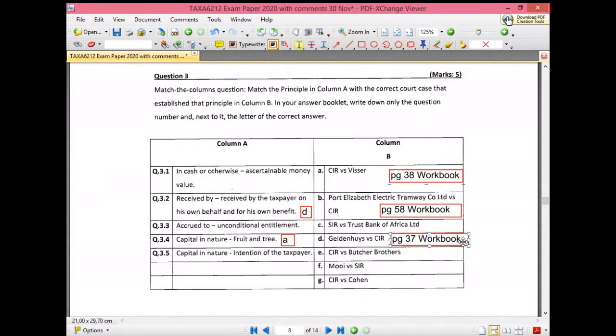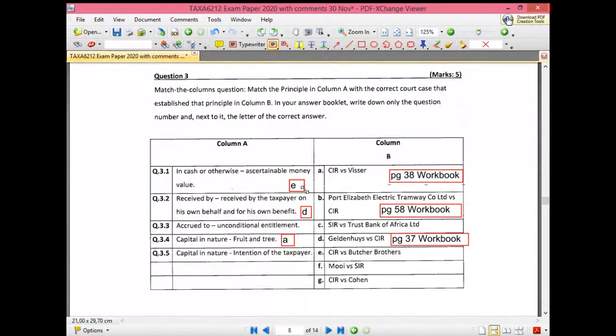Okay, then the Butcher Brothers one is a well-known one. It is not discussed in your workbook. They actually discussed it in one of the homework questions. This has been brought up. Now the Butcher Brothers one talks about cash and otherwise, and that amount needs to have a value. So the first one actually relates to your Butcher Brothers case.